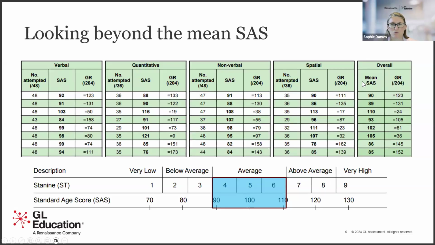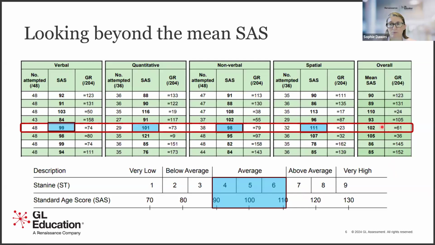So we do encourage our colleagues in schools to look beyond that mean SAS and to dive a bit more into the detail. So this learner, for example, has got a mean SAS of 102.